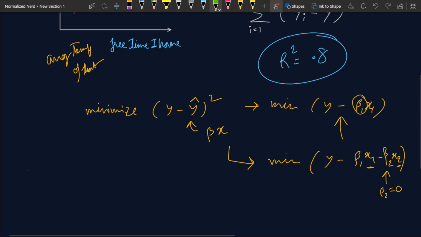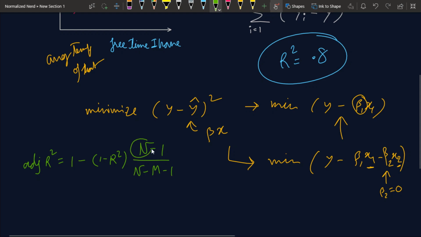So the formula goes like this: adjusted r square equals 1 minus (1 minus r square), this is the normal r square, times (n minus 1) in the numerator, and in the denominator we have n minus m minus 1.